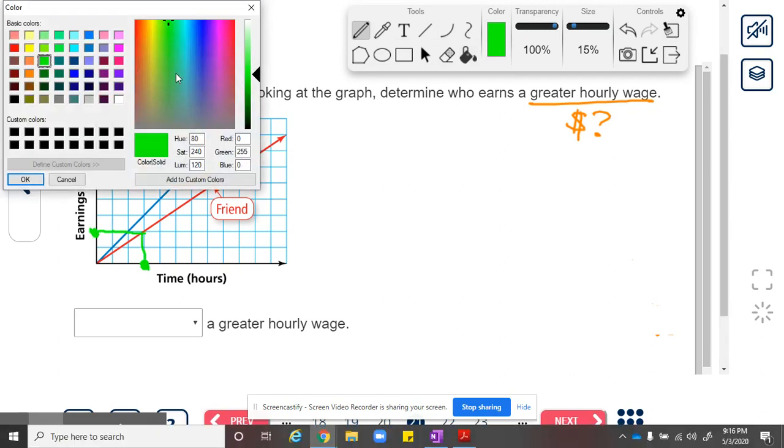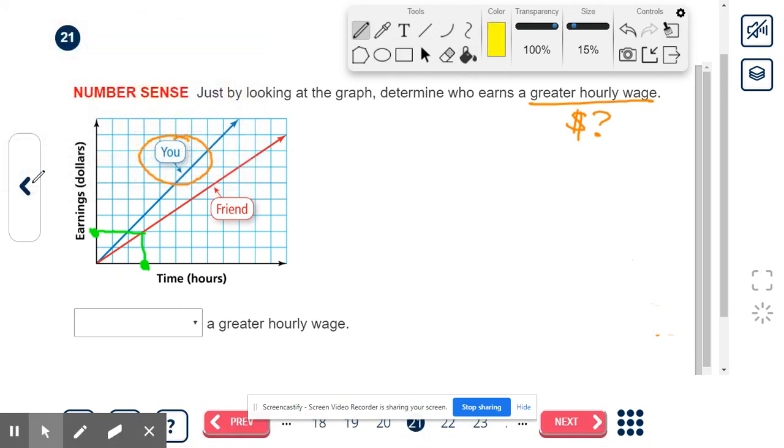Now you, on the other hand, in the same amount of hours, let me use yellow, you earn this much. So who earns more in the same amount of hours? You do, because this blue line is steeper, almost vertical, than the red line. So to answer the question, you earn a greater hourly wage than your friend.